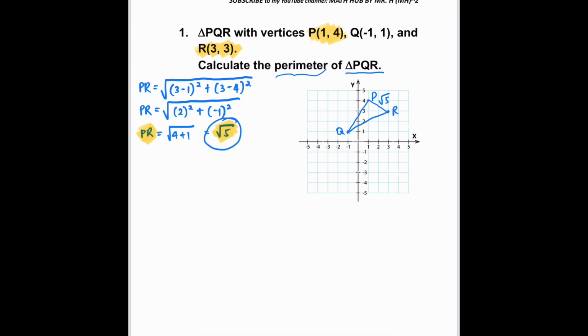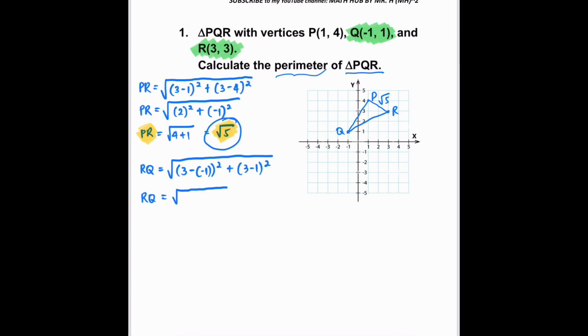So let's calculate the distance between point R and point Q. So we have side RQ or QR. Let me highlight R and Q. All right, so for side RQ, (3 minus negative 1) squared plus (3 minus 1) squared.